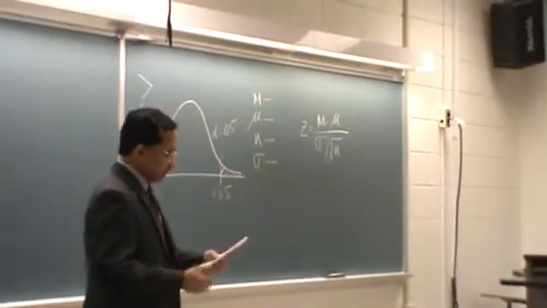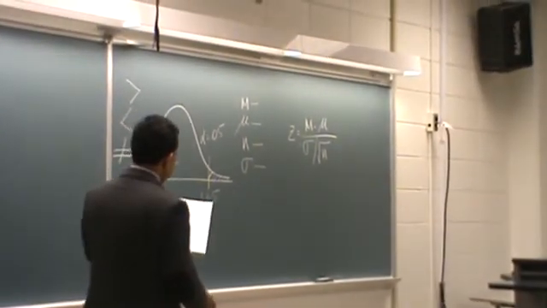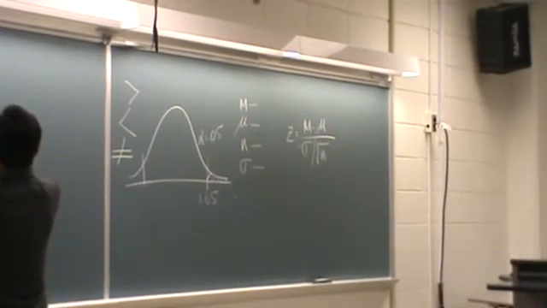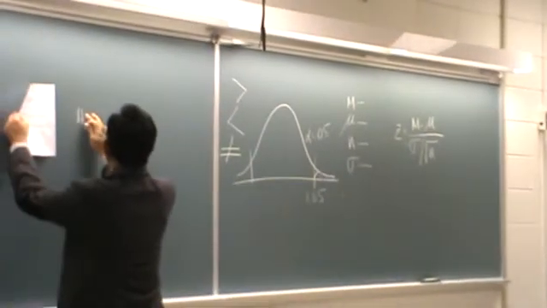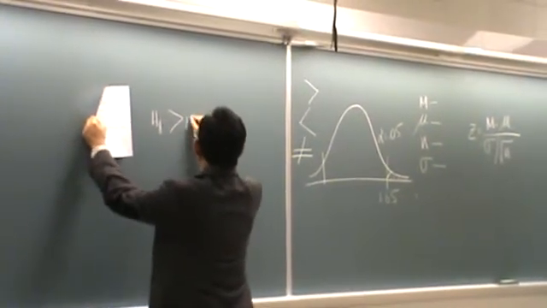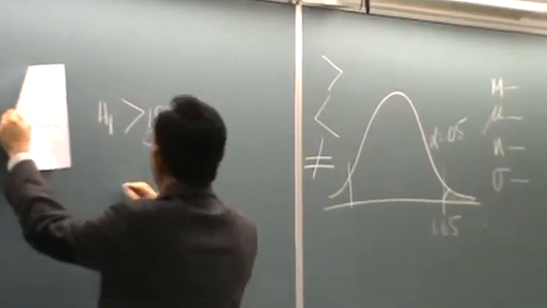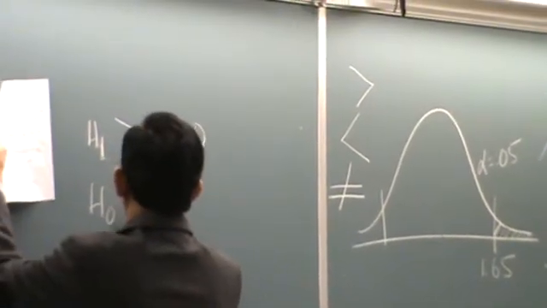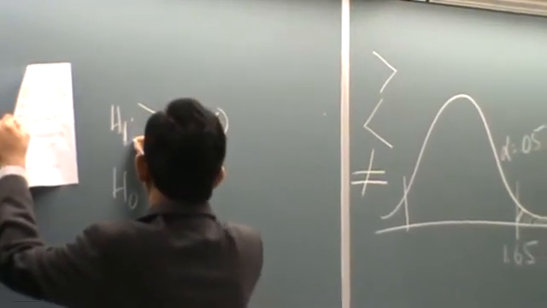So when you write down your null hypothesis, H sub 1 is more than $1,800, your alternate hypothesis will be the other way around.